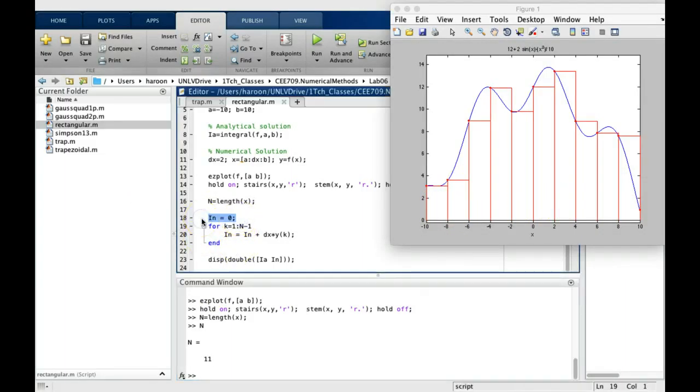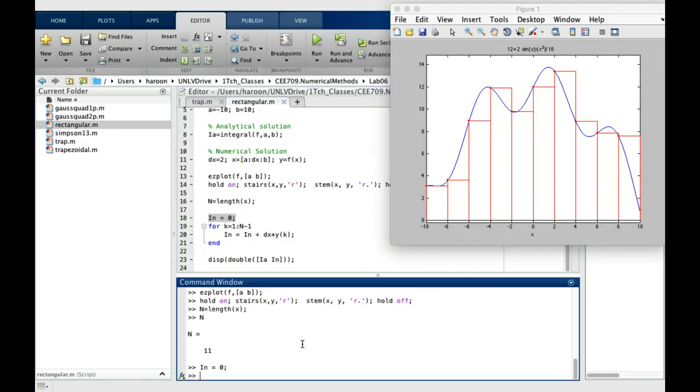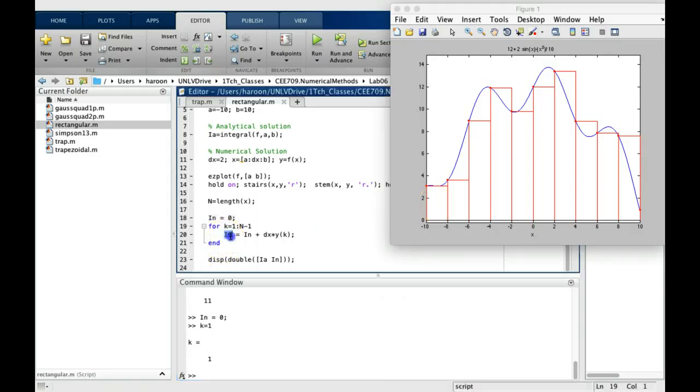We start by saying that our numerical integral is 0, and then after each iteration, we add one rectangle to it. So let's say k is equal to 1, which is this rectangle. We say in is equal to in plus dx, which is 2, times yk, which is the first value.